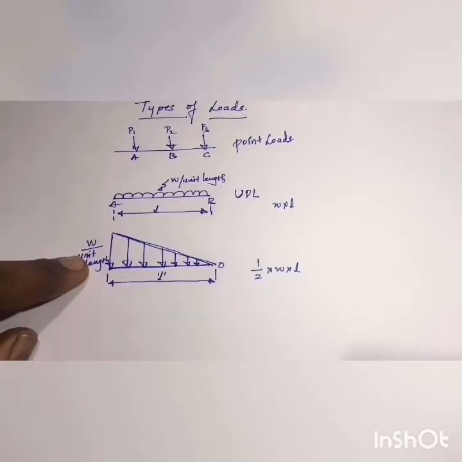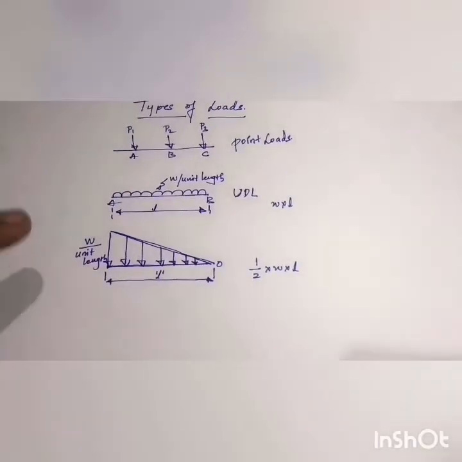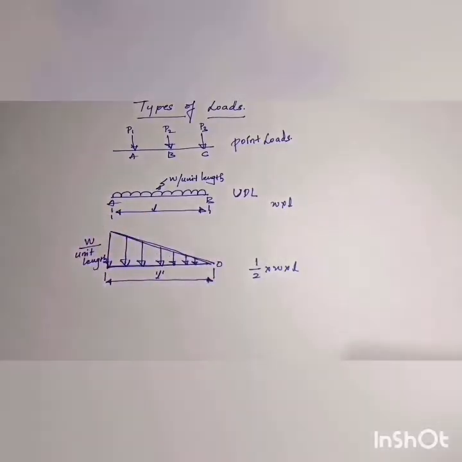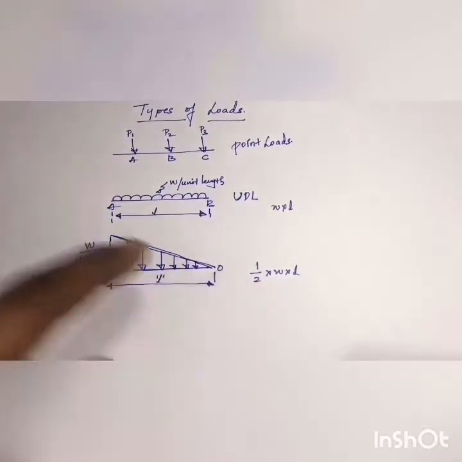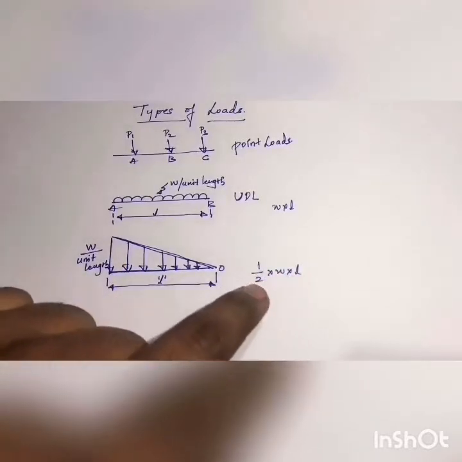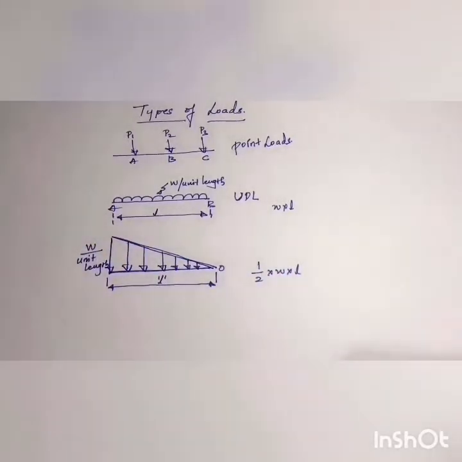If we want to find the equivalent point load of this UVL, we can do it by finding the area of this UVL, which is half into W into L, or basically half into L, which is the base, into W, which is the height.